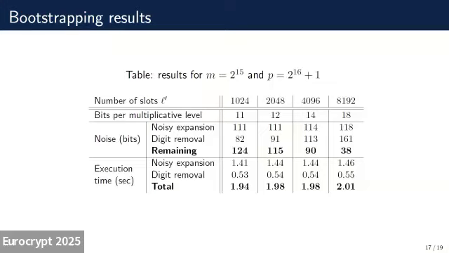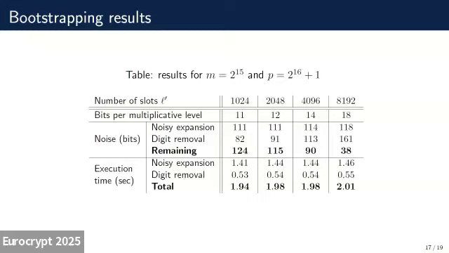And in particular, in this slide, we only use the 2 to the 15 cyclotomic ring. And this is enabled because of the smaller noise growth of our scheme. Because of these smaller parameters, we also have much smaller bootstrapping latency. So you can see that the total execution time is only on the order of 2 seconds, whereas BFE bootstrapping for similar parameters typically takes up to 10 seconds.